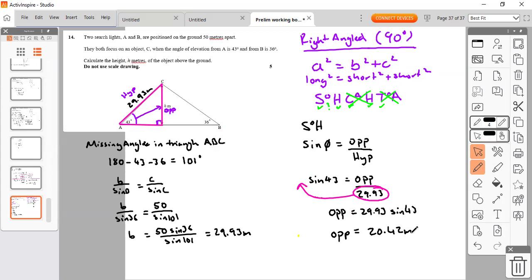And that is worth 5 marks. That's worth 10%. I think there's 2 questions in there worth 10% each.